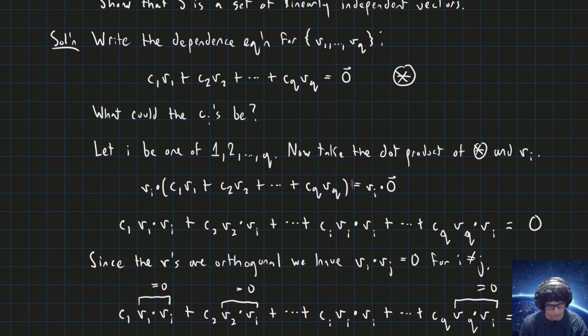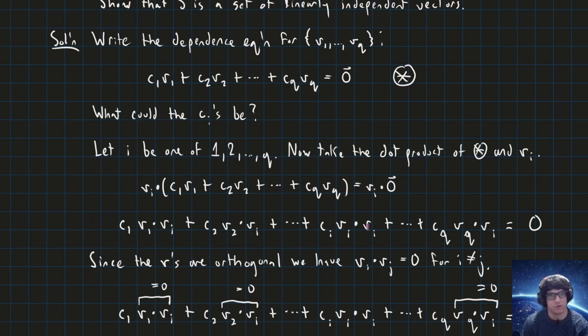So scroll down. On the right-hand side, we have a vector times a 0 vector. That's always just the number 0. Left-hand side, we have vi dot the linear combination here. Then I'm going to need to use the distributive rule, which says I can distribute the dot product over the sum as you expect. And this is the sum you get.